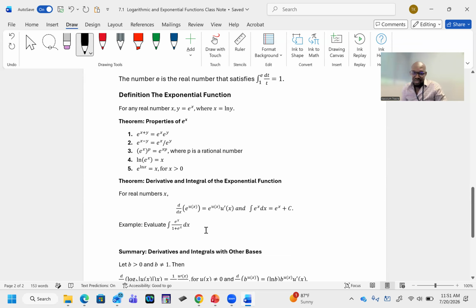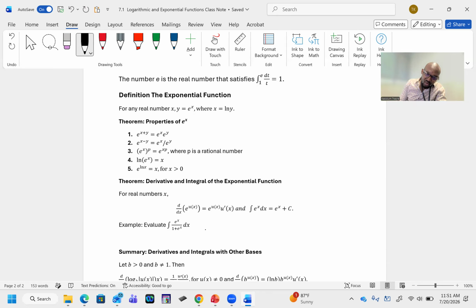So theorem, the derivative and integral of the exponential function. So this is the general rule, okay? For a real number x, the derivative of e to the power of u of x with respect to x is equal to what? E to the power of u of x times u prime of x.